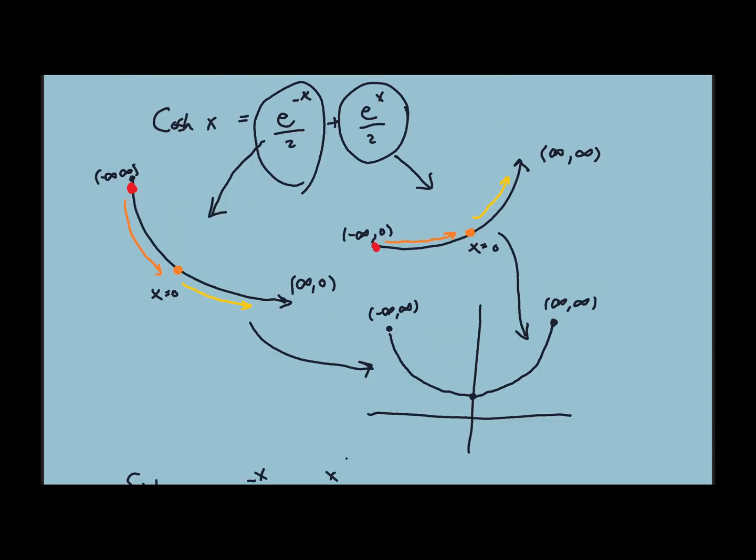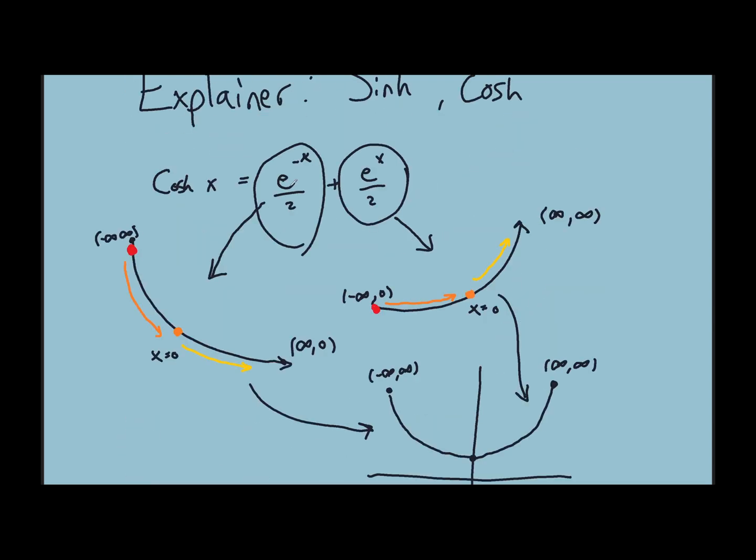Okay. Hyperbolic sine is e to the x. In fact, I'm not even going to do the e to the x part first. Let's do the negative e to the negative x over 2. And that is plus e to the x over 2. So how is it different? Let's come back up to cosine. This is e to the minus x plus e to the x.